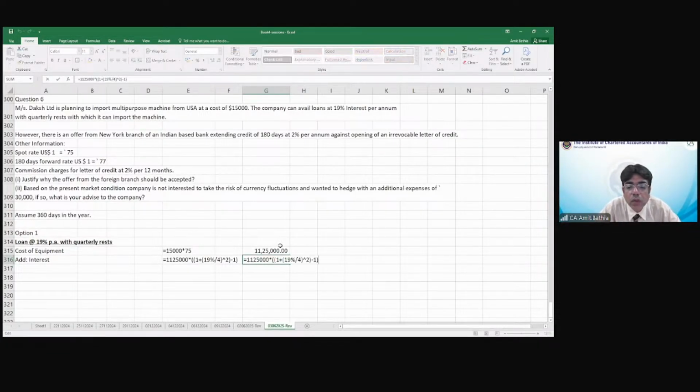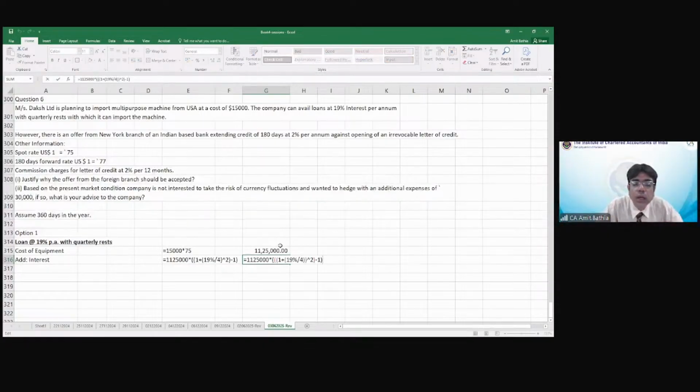Something went wrong. 19% divided by 4. So should it be 4 or 2 there? No, it will be 4 because it is quarterly rest, right? So compounding will happen on a quarterly basis. One zero nine four one three.